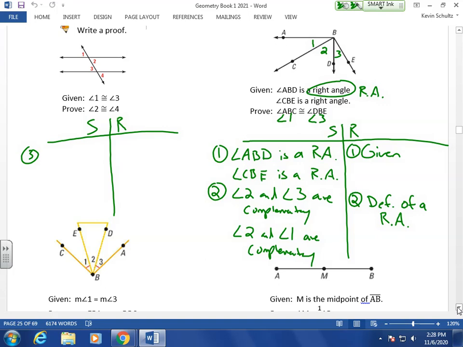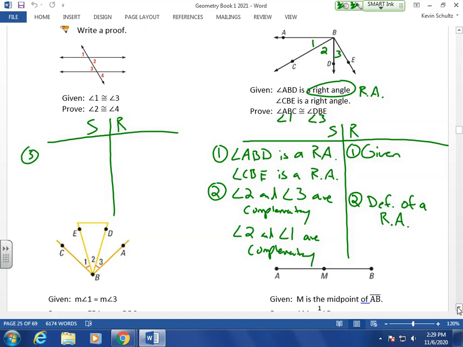Yeah? It says if angle A is complementary to angle B and congruent to angle C, then angle C and angle B are complementary. Okay. We can kind of use that same idea here because notice what we have here. 2 and 3 are complementary and 2 and 1 are complementary.